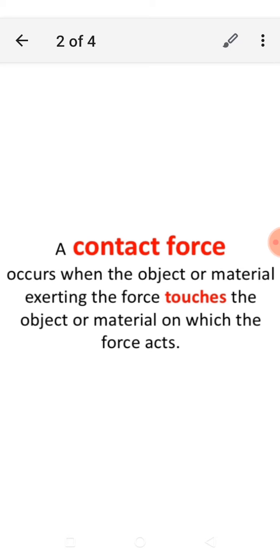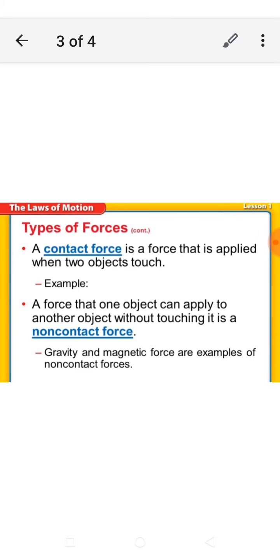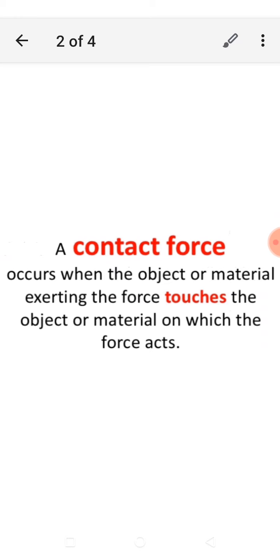In the previous slide you saw the definition: a contact force is a force that is applied when two objects touch. If both objects touch each other, then the force acts.